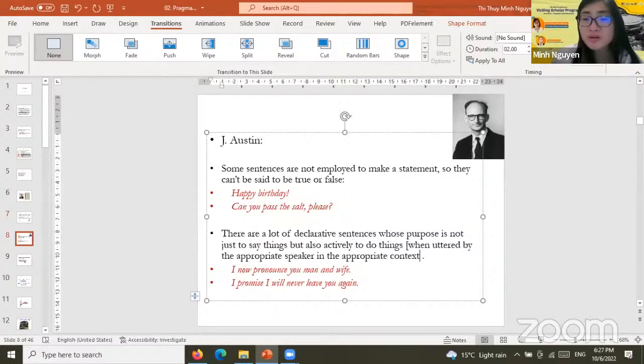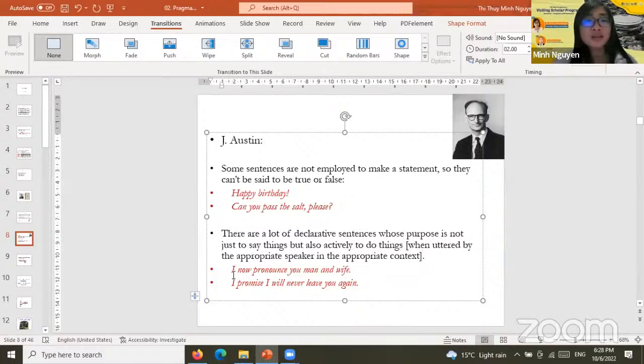So for example, when a priest says, I now pronounce you man and wife, when this utterance is said by a Christian vicar or priest in a church, then this sentence functions to marry two people and to acknowledge that they are a legitimately, or legally, married couple.